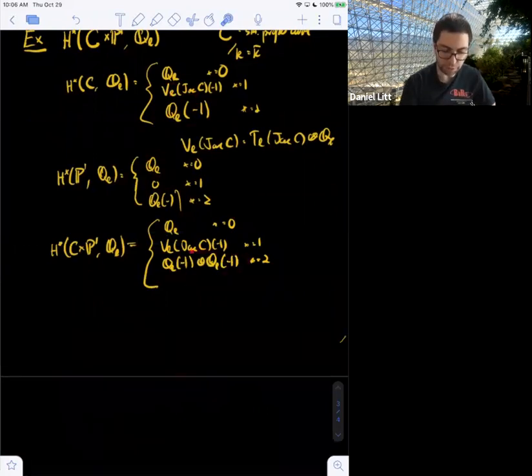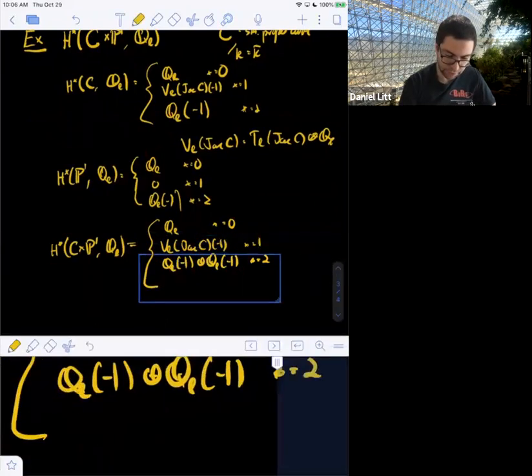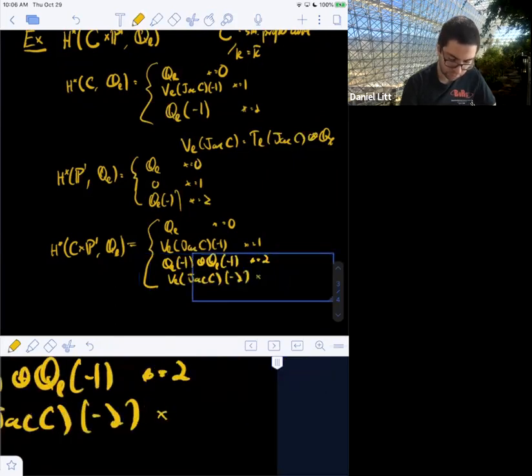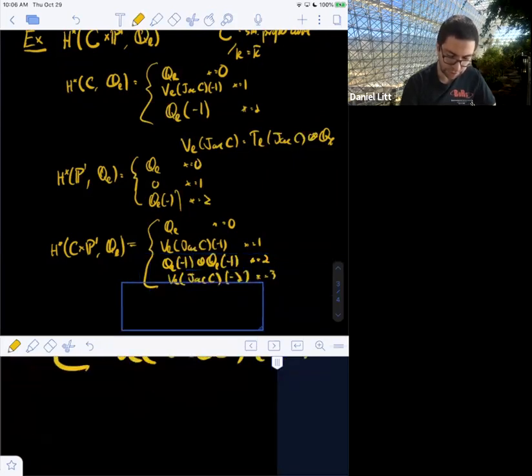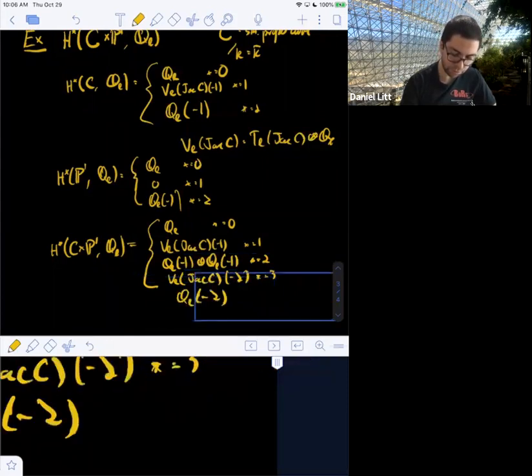So we get 2 copies of this. Then in degree 3, we get VL of the Jacobian of C twisted by -2. And then in degree 4, we get QL of -2.